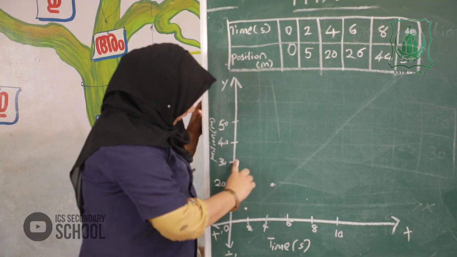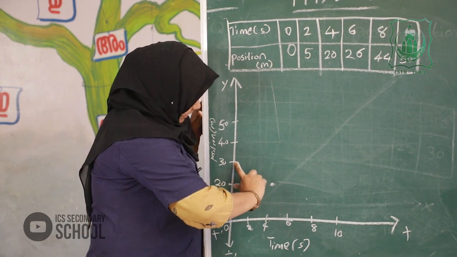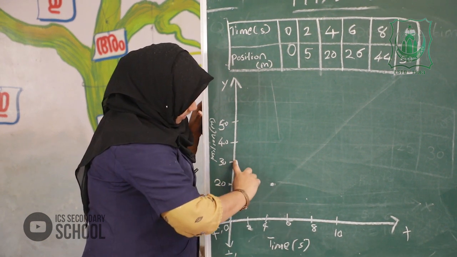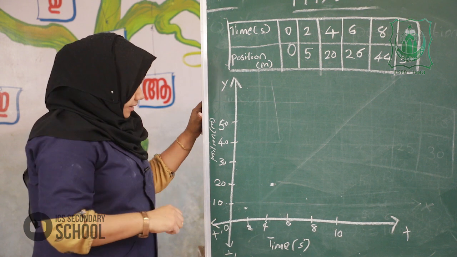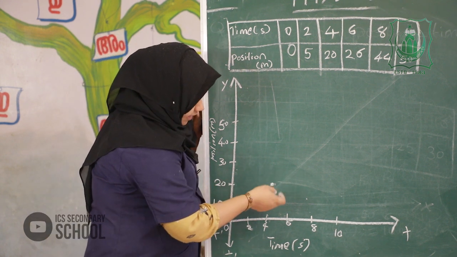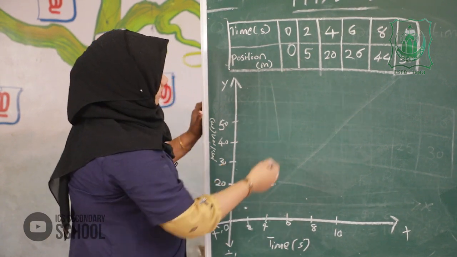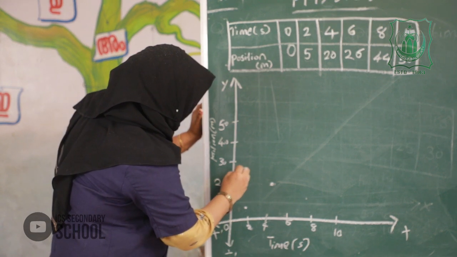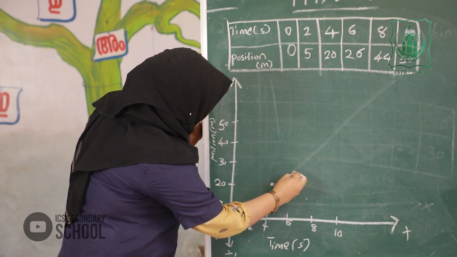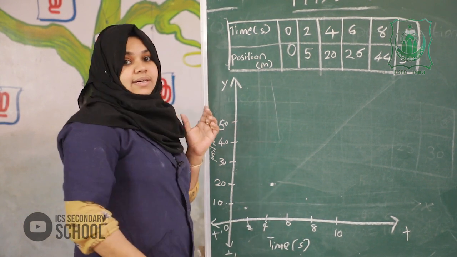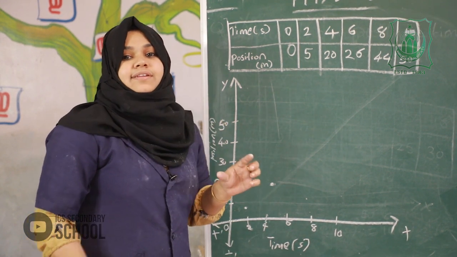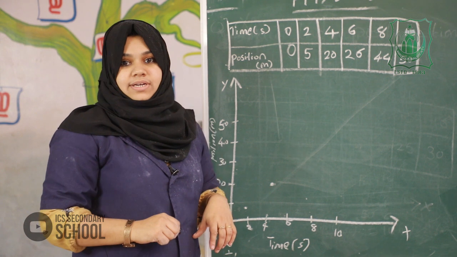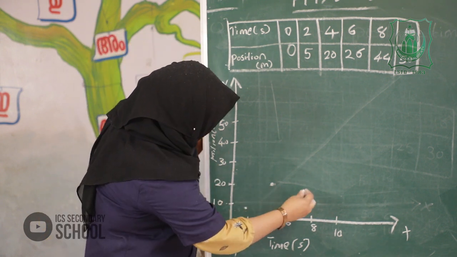Between 1 centimeter there are 10 lines. So 25, and after one more line, 26. You can mark that correctly on your graph paper. Got it?